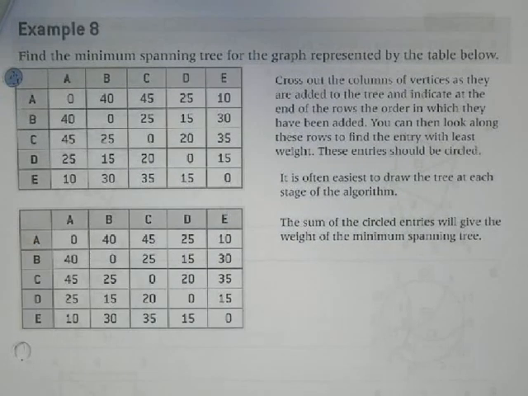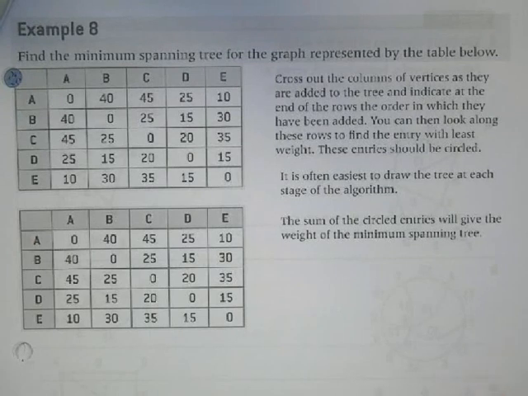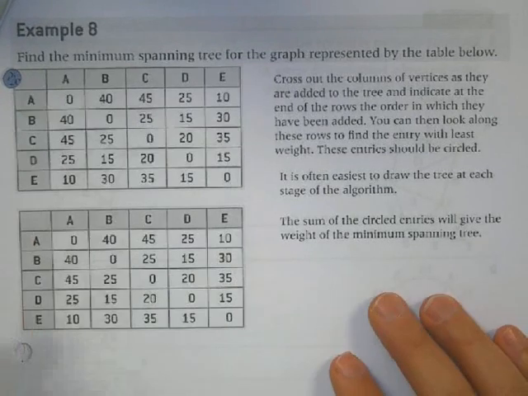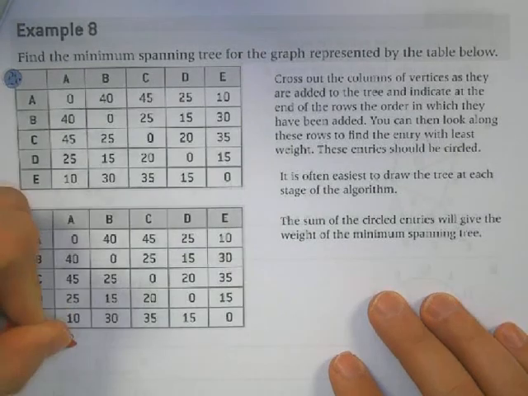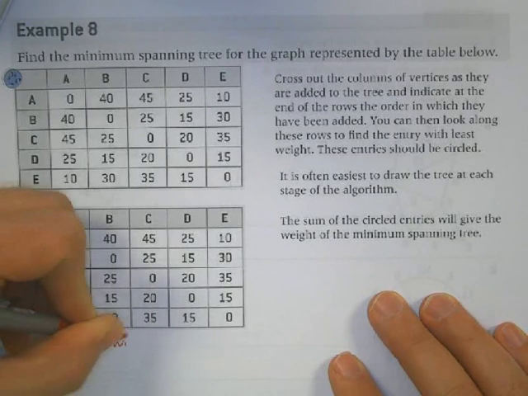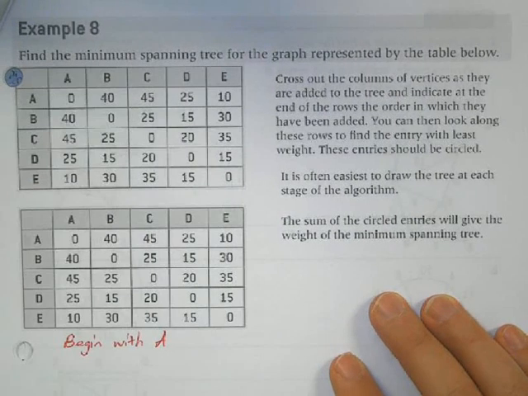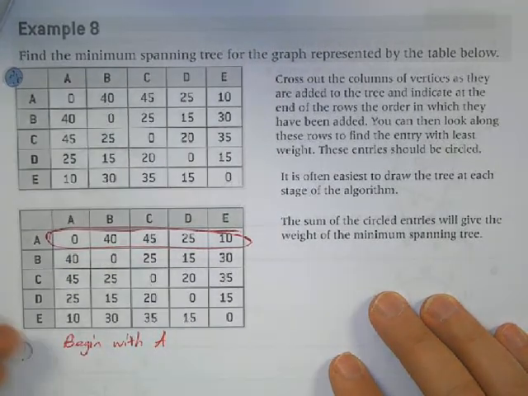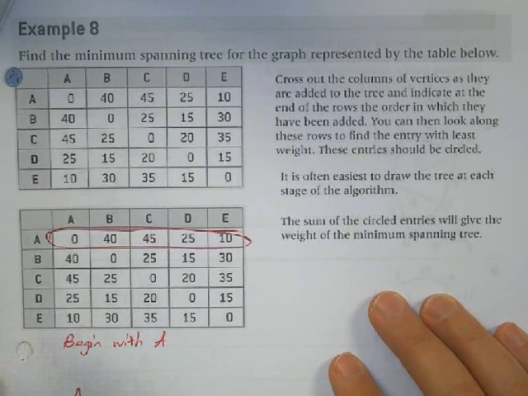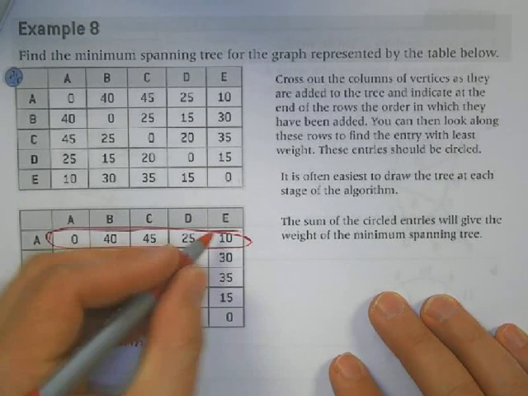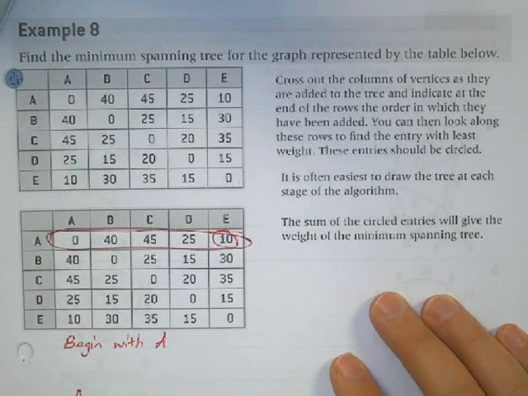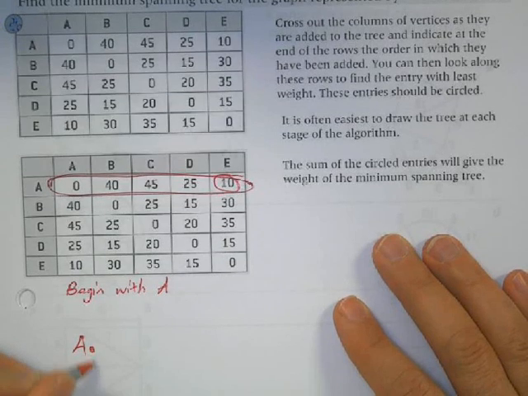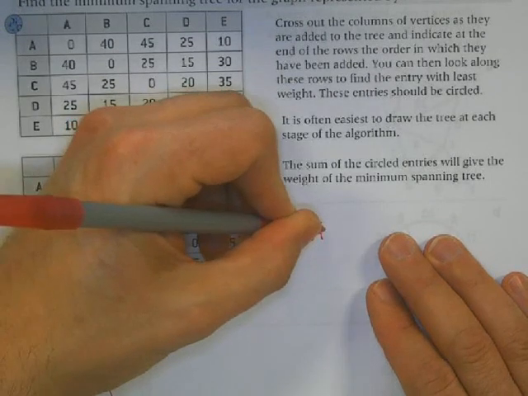If you do example 8 using Pablo's method, the first thing I'm going to do, we're going to begin with A. It doesn't matter which row we begin with, but just being thorough, I'm going to start with A. And the smallest path is A to E. So I'm going to connect A to E. It's not necessary to draw the diagram, but I'm going to anyways.